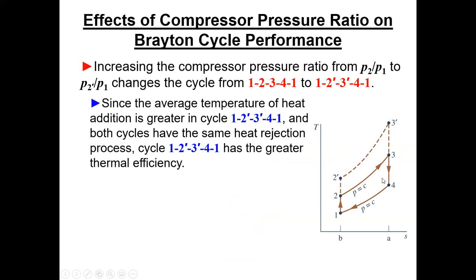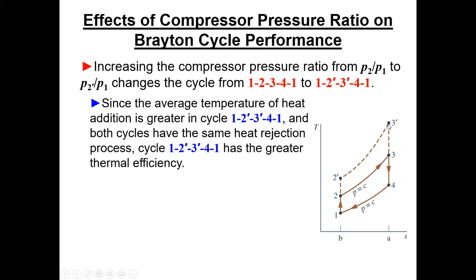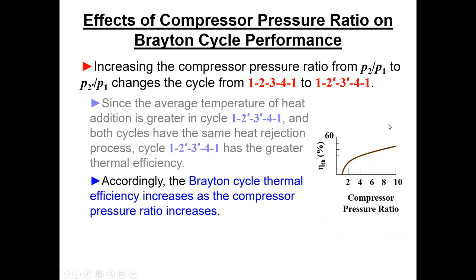And since the bottom part of the cycle is all the same, that increase in pressure helps the cycle efficiency because it increases the average temperature during the heat addition. Accordingly, Brayton cycle thermal efficiency increases with pressure ratio, and we get a little curve over here that shows us as we up that pressure ratio that the thermal efficiency of the cycle does indeed go up.